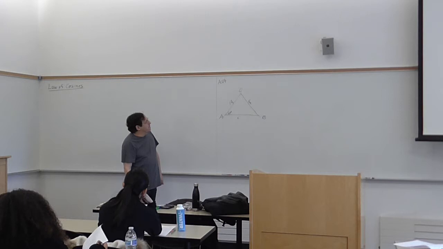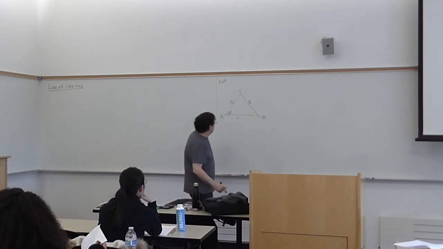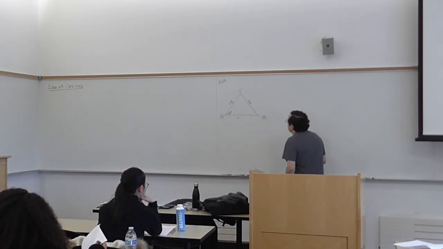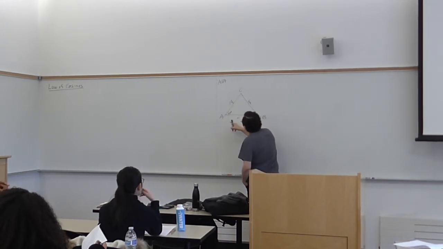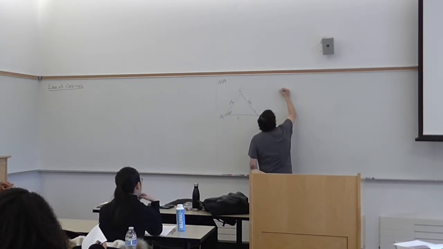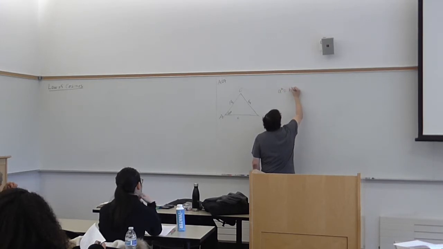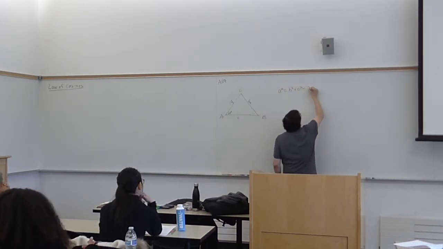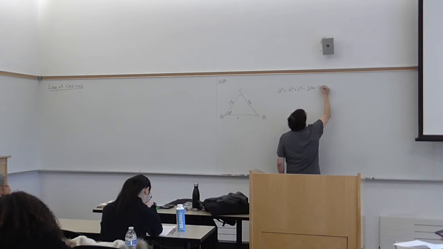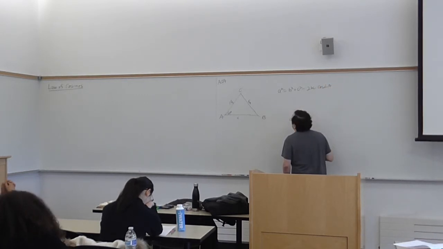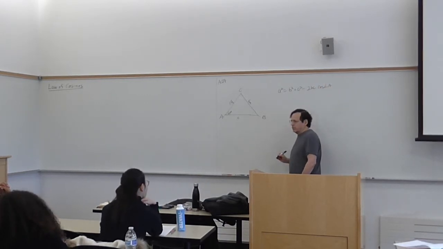Okay, we could try the law of cosines. I guess since I'm saying a here, we would want a squared equals b squared plus c squared minus 2bc cosine angle A. Is that what you had in mind?